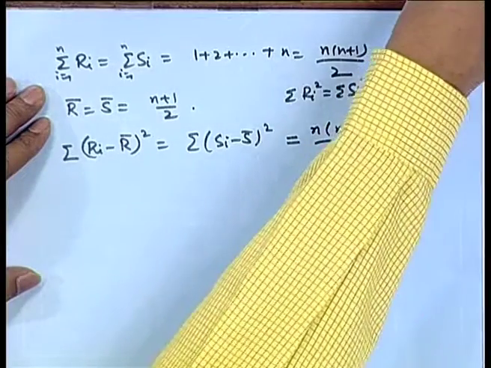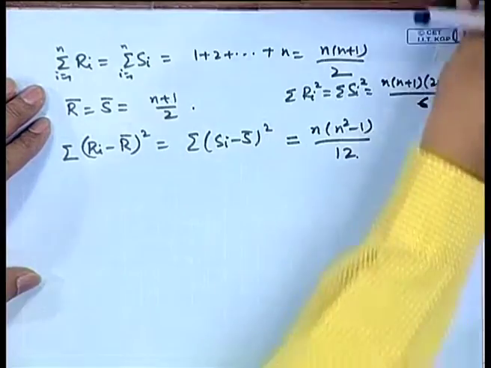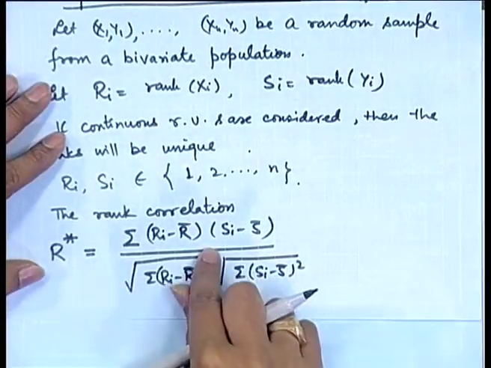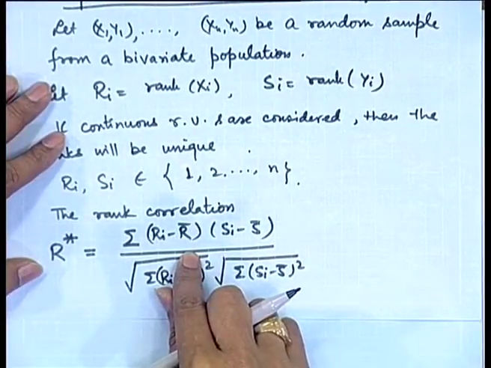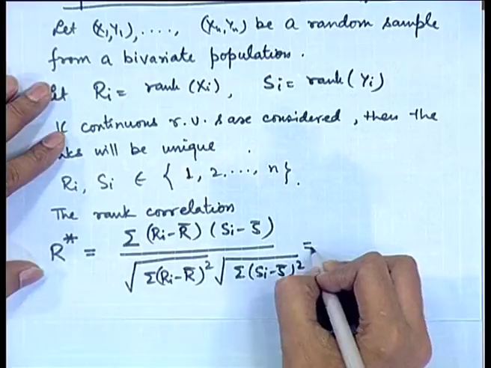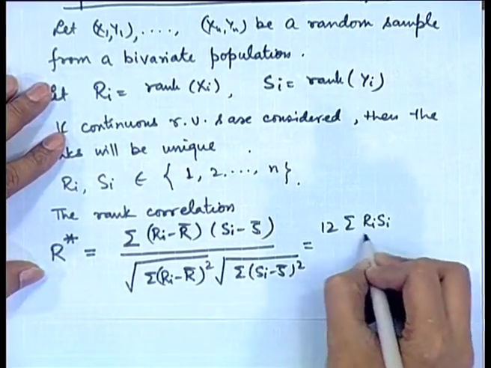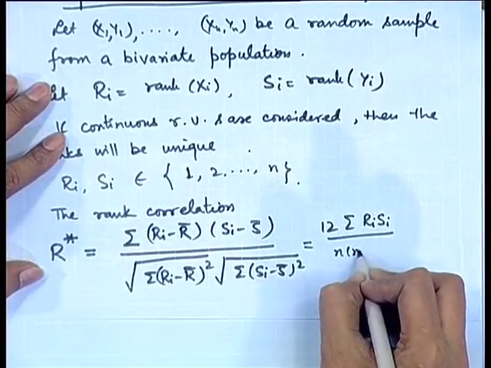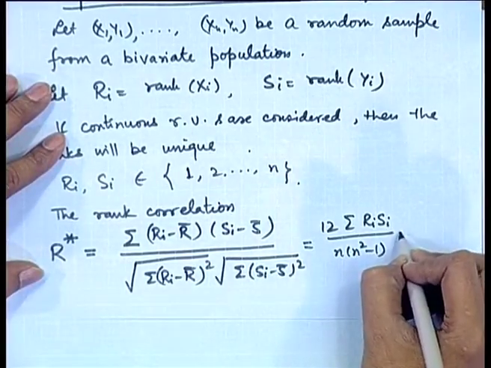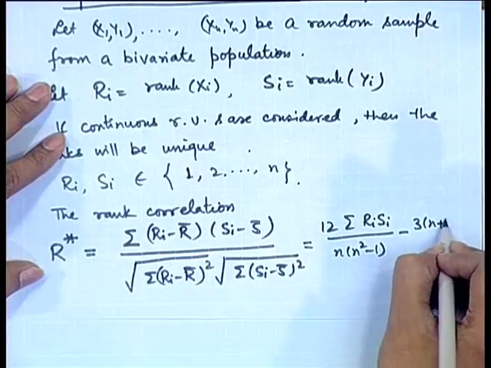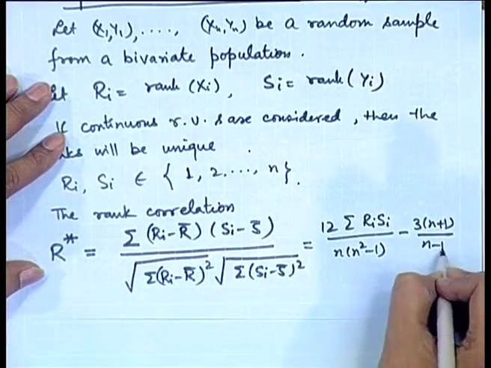So, if we substitute these values in this particular formula for r star, this turns out to be 12 into sigma RiSi divided by n into (n square minus 1) minus 3 into (n plus 1) by (n minus 1).